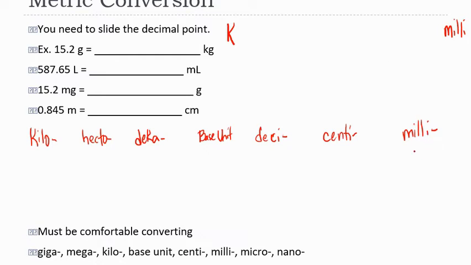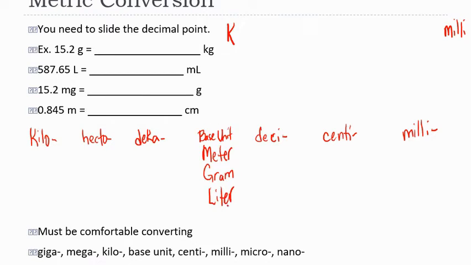There are 10 of these in every one of these. There's 10 of these in every one of these. So there would be 100 of these that make up this. Does that make sense? This is our base unit. This is where you would have your meter, your gram, your liter.